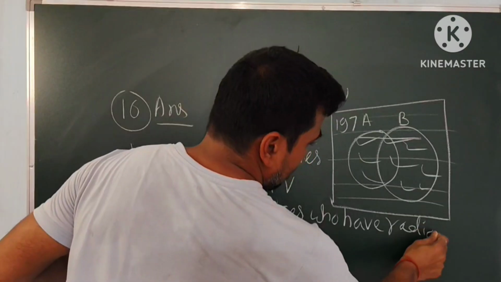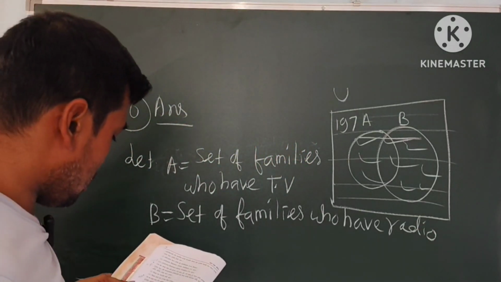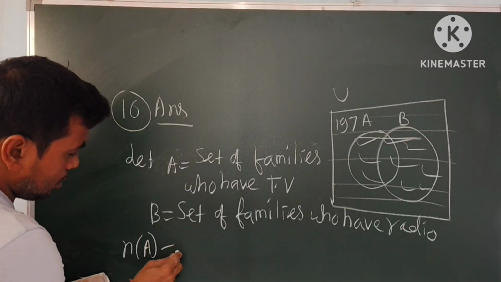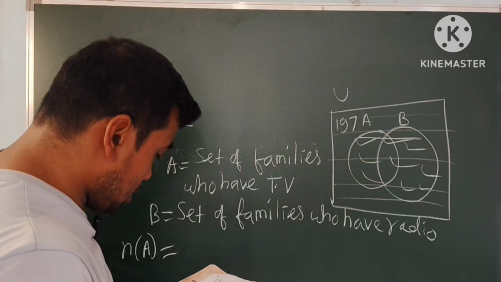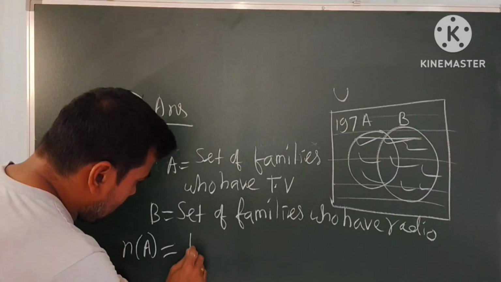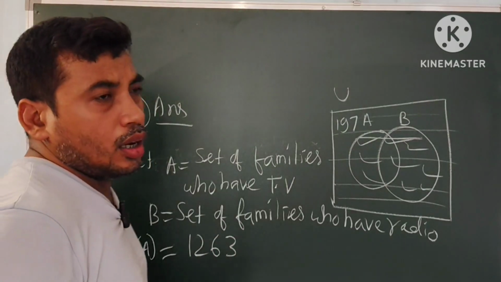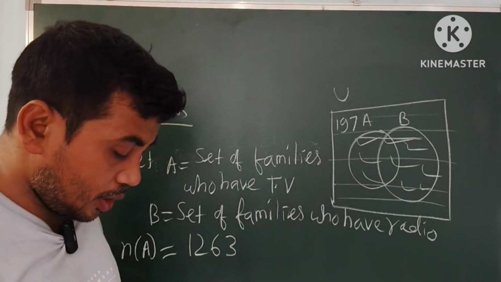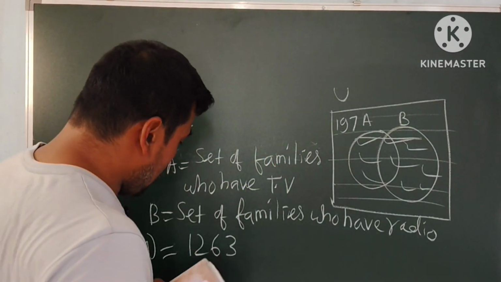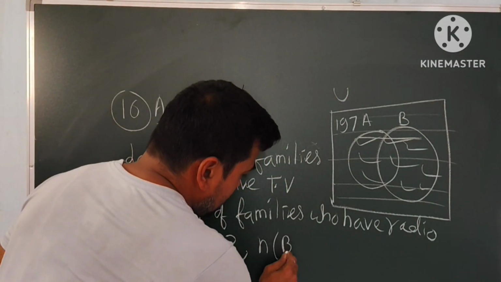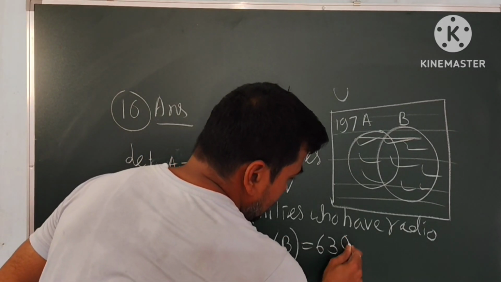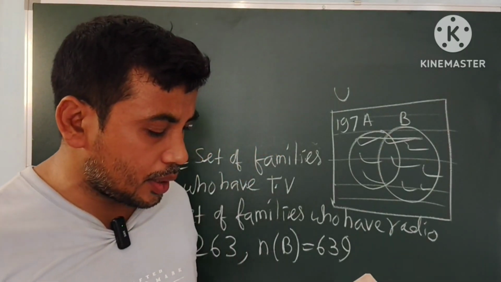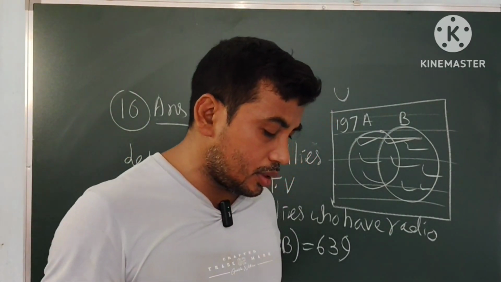So we are given n(A) is equal to 1263. That means 1263 families have TV. And what is given? n(B) is equal to 639. That means 639 families have radio. And what is given? 197 families have neither TV nor radio.